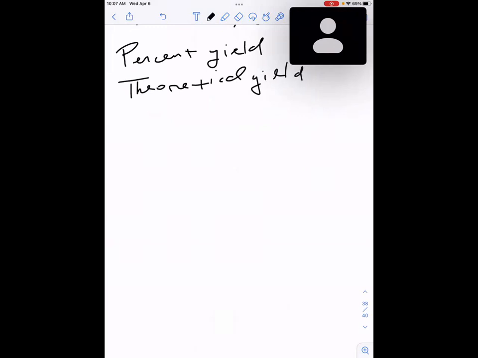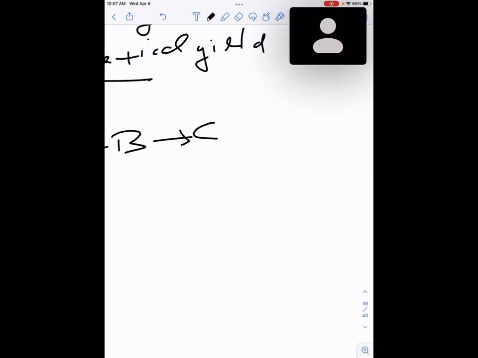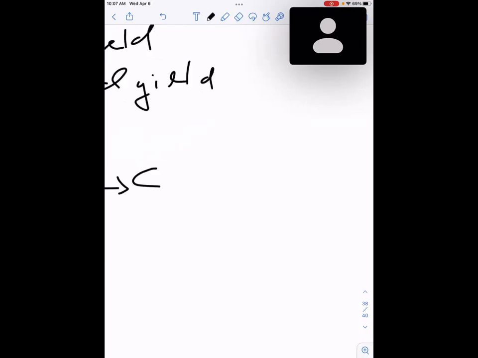So it's important when you think about a reaction, let's say A plus B going to C, it's really rare that you have a reaction that goes to completion.